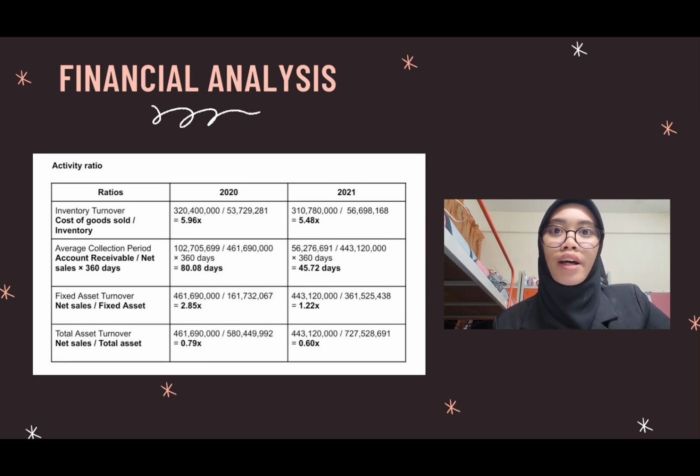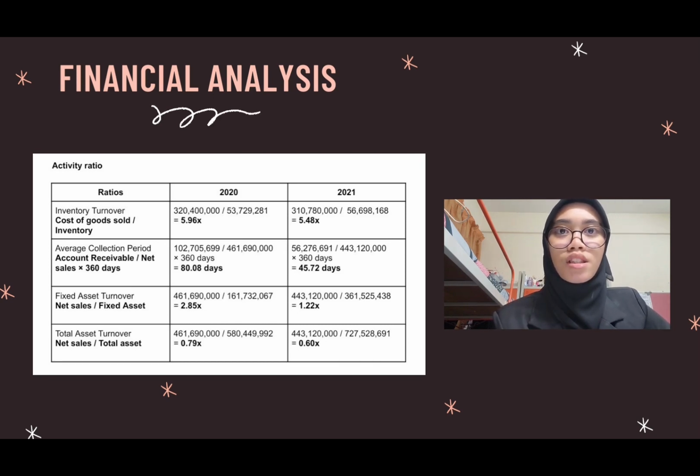Then 443,120,000 divided by 361,525,438 equals 1.22 times, which is the fixed asset turnover for the year 2021.